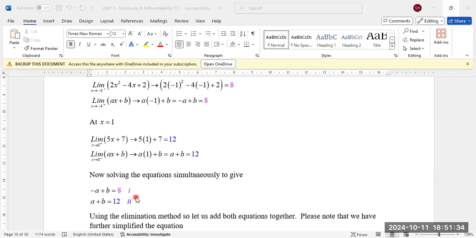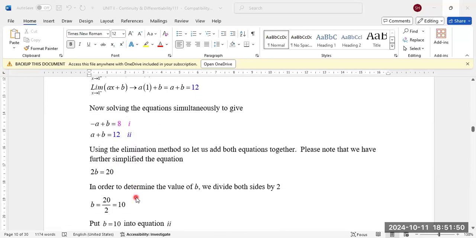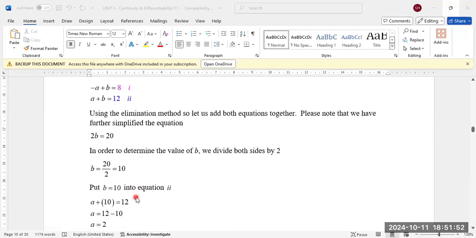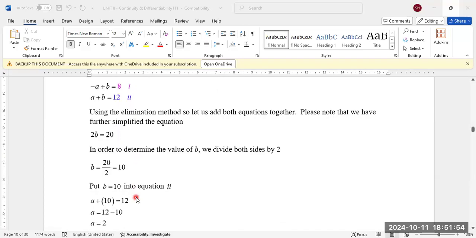Simultaneous equations is a prerequisite knowledge for this course. So what I'm saying to you is that you must know how to solve your pair of linear equations simultaneously. With that said, I shall do this once as a refresher.